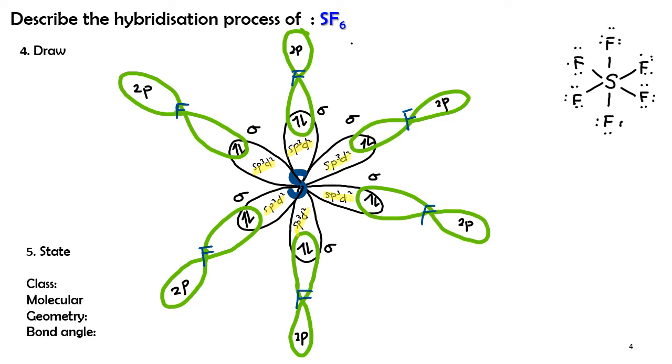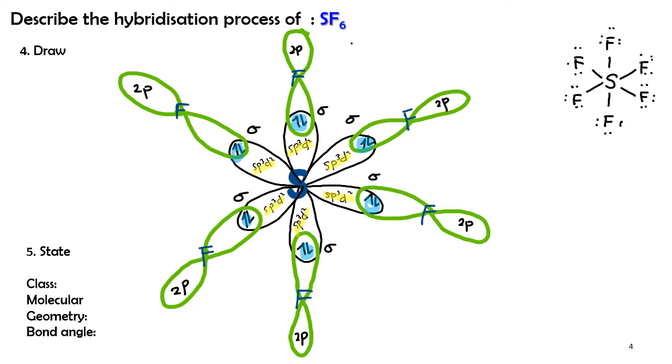The labeling, each of the orbital must be labeled, and at the overlapping or the sharing of electron here, you need to label them as sigma bond. And don't forget to label fluorine atom at each of the 2p orbital.